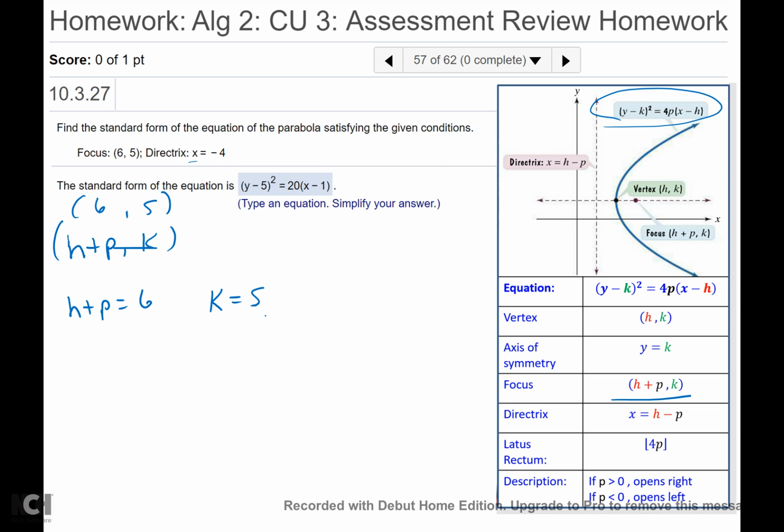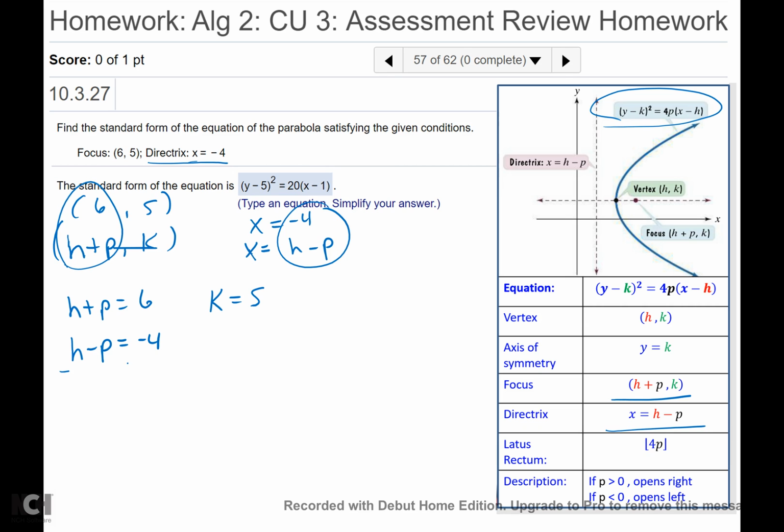And the fact that it tells me my directrix is x equals 4, if I look at my directrix, tells me x equals h minus p. So I also know that h minus p has to equal negative 4.